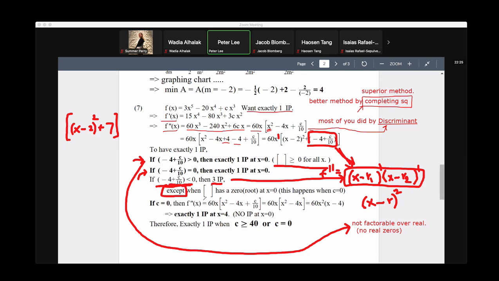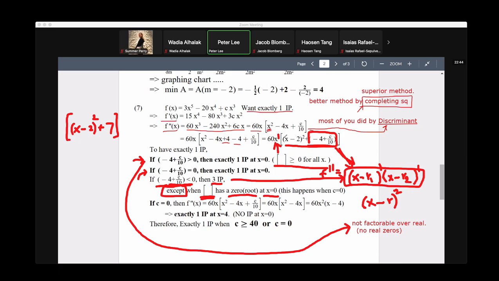So what happens if this parenthesis right here has a root or a 0 at x equals 0? Now we already have a 0 right here. Is it possible that this guy has the root 0? And yes, it's actually possible.